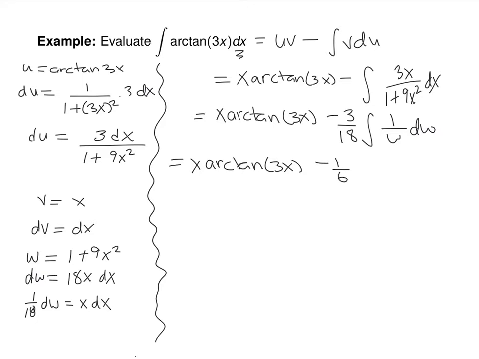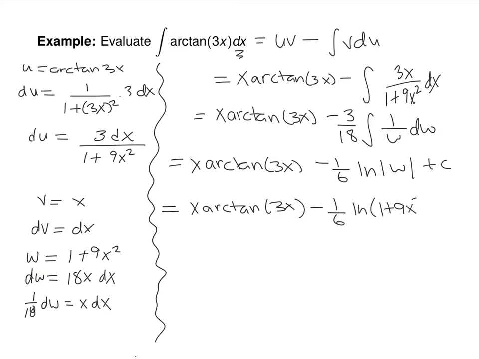And the antiderivative of 1 over w is ln absolute value w plus c. And let's just insert what w was. W was 1 plus 9x squared. Now note that technically at this step, you don't actually need those absolute values, because 1 plus 9x squared is a positive quantity all the time. I'm not going to dock you if you drop them, if you don't drop them, but it's just nice to notice that you can.